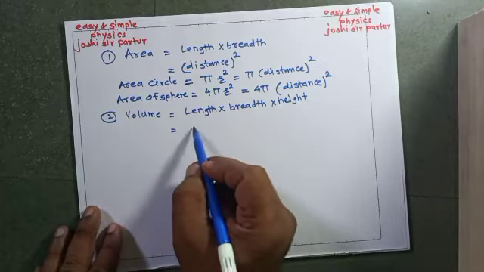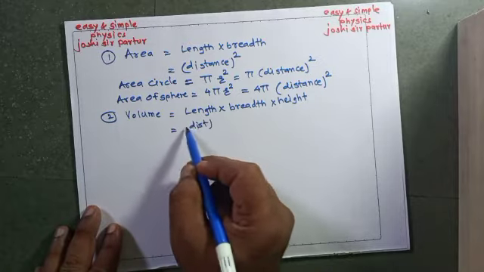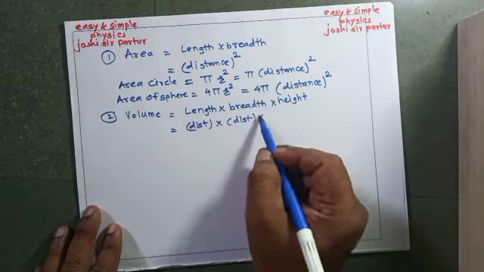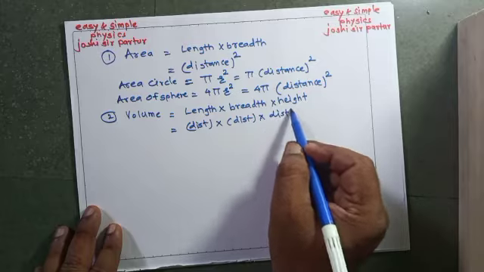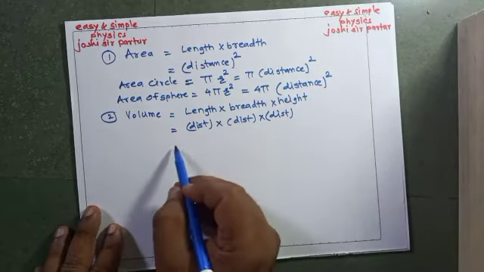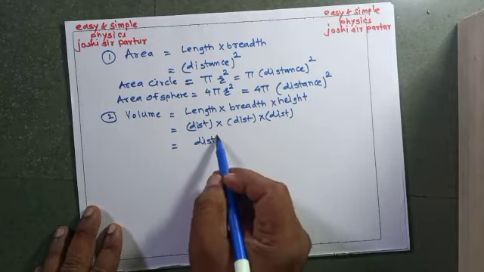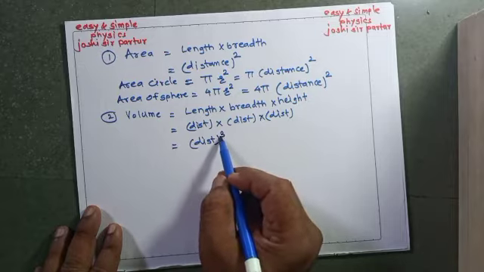Here length is also distance, breadth is also distance, and height is also distance. So the volume in terms of distance will be distance cube.